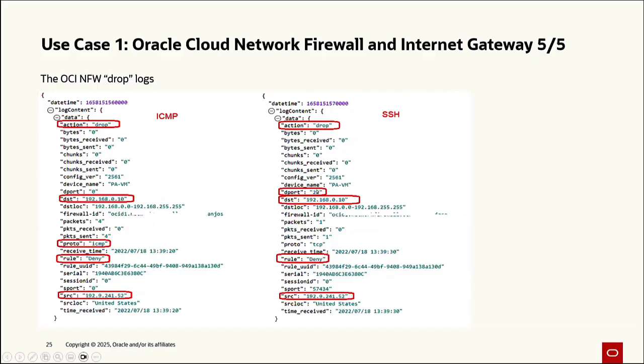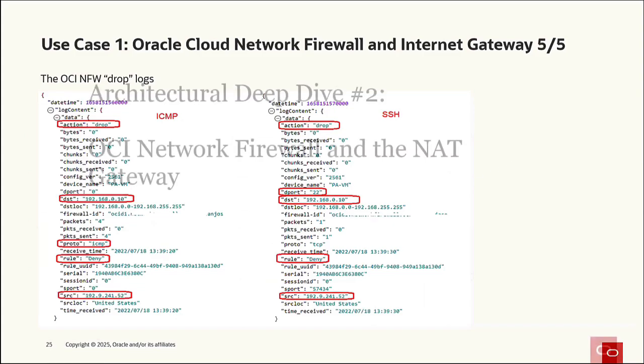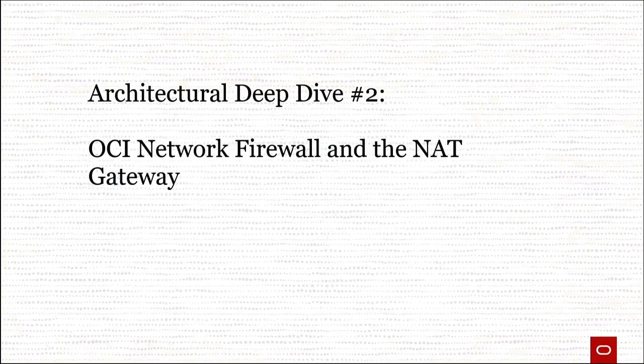So this proves that our security rule implemented on the network firewall performed the task, and now our traffic is managed in the way that our security model is requesting. Right? So this is a very good point to start and verify if the network firewall is performing based on the configuration applied.